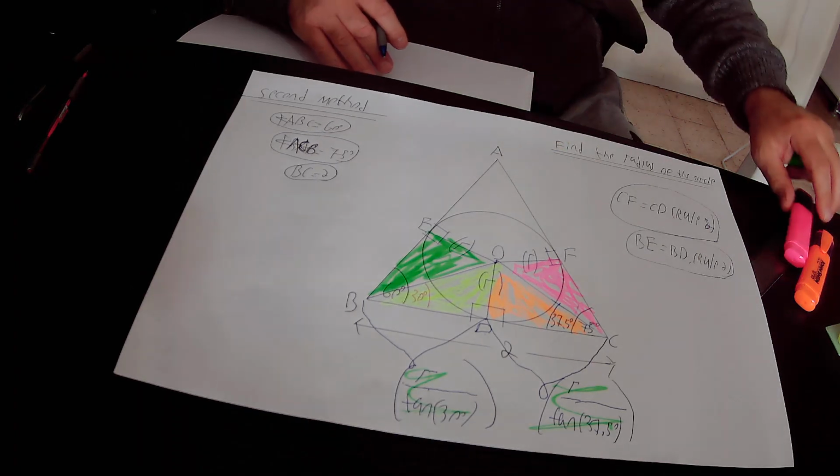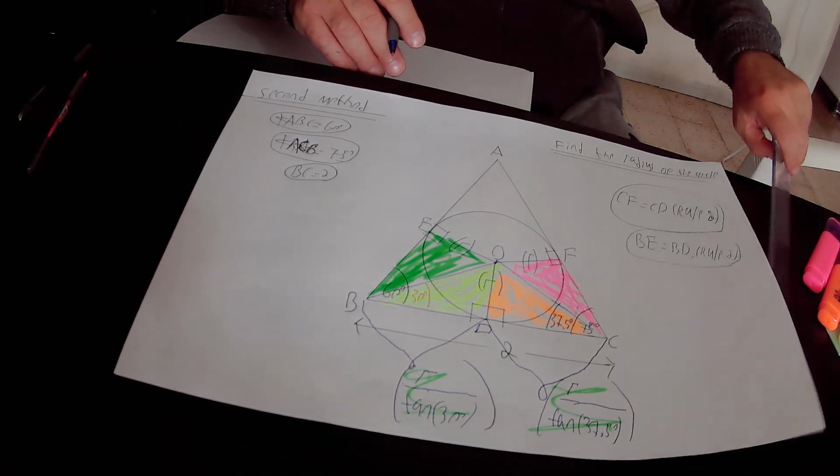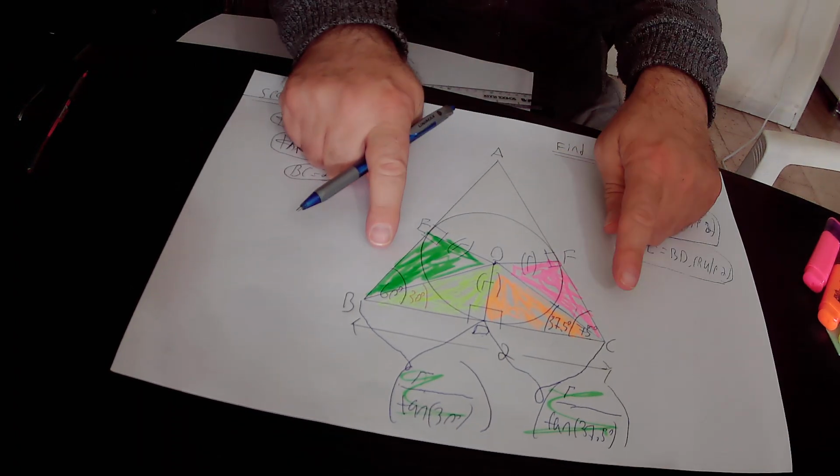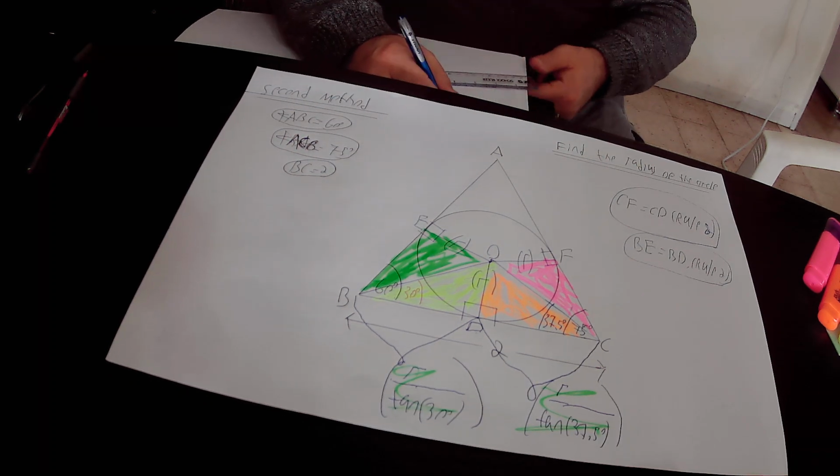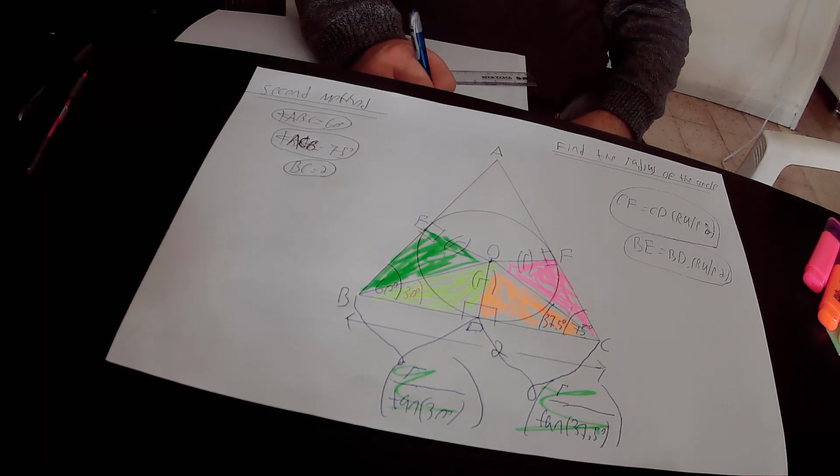From the drawing, it is very easy to see that side BC equals BD plus DC.